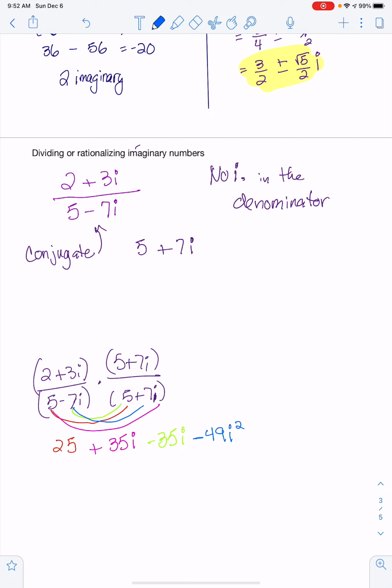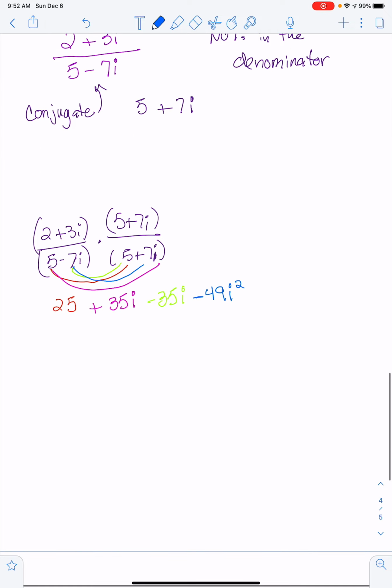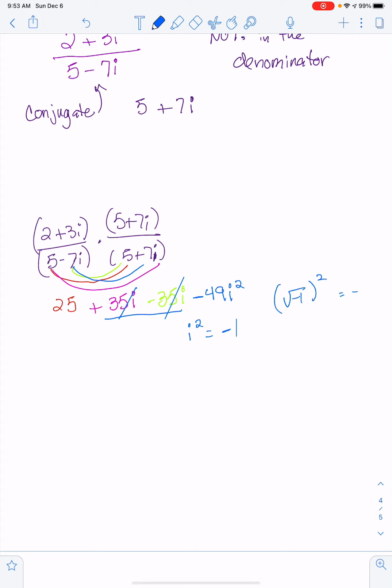And so when we're working with these, you'll notice, because you chose the conjugate, these are always going to cancel out. And then you may not recall, but back before Thanksgiving, we figured out that i squared equals negative 1, because the square root of negative 1 squared, which is what i was, is just equal to what's inside the radical. And so that's why we do that. So we're going to replace 25 minus 49, but i squared is negative 1.